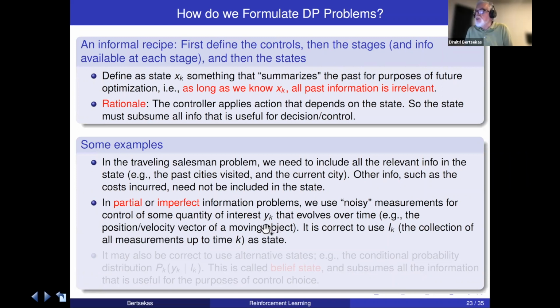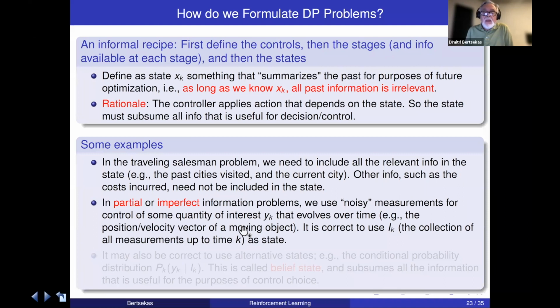However, the problem is that you don't know that. You don't have perfect information of the quantity that ideally you would like to call state. Instead, what you have is noisy measurements of y_k, and that's all you have on which to base the control.